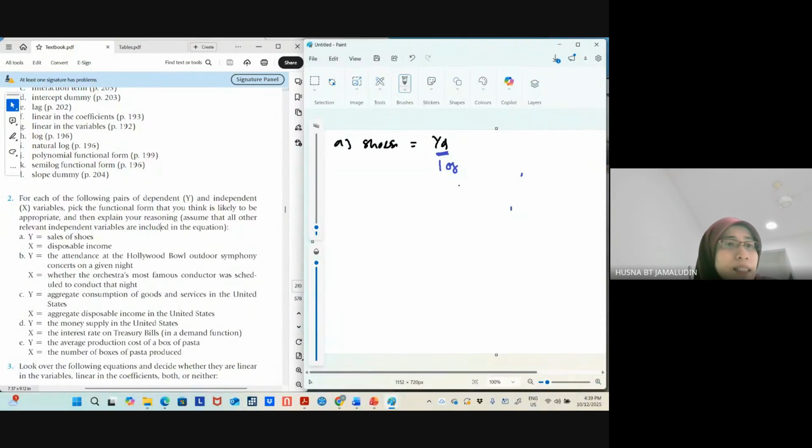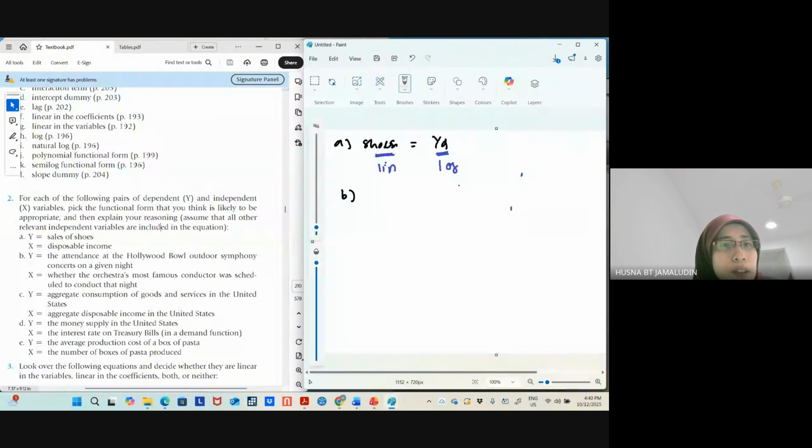You will keep purchasing; maybe you will buy 1 or 2 more shoes, but you will not buy the same increment as your income. So shoes will increase by unit. So this is lin. So lin-log. Okay. Next, number B.